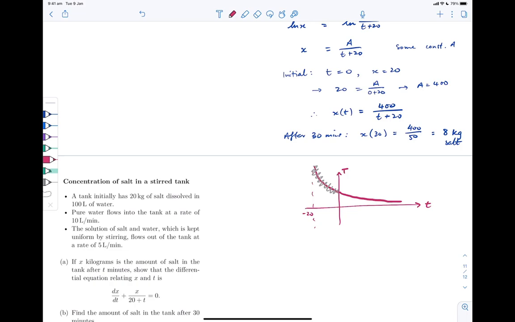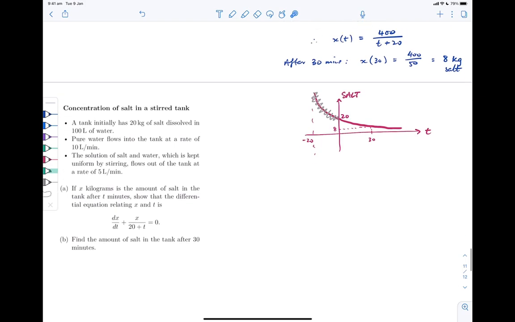No, it's not. It's salt over time. At 30 minutes, we had 20 kilograms of salt initially, and after 30 minutes we have 8 kilograms of salt, and as time goes on, it's approaching 0, as makes sense when you read the question and think about it.